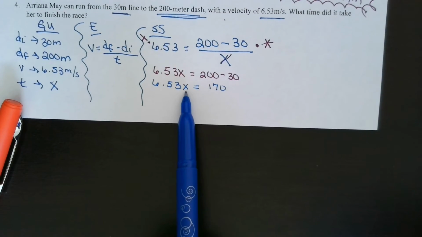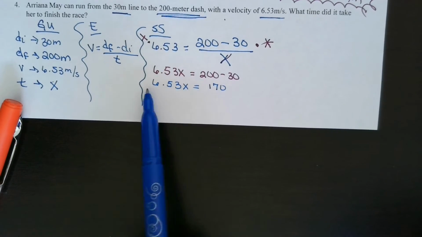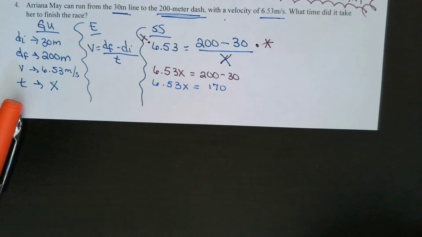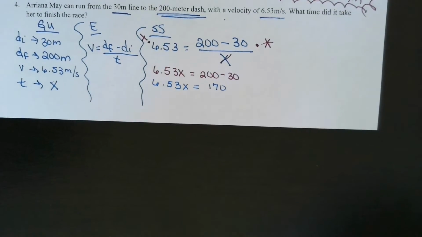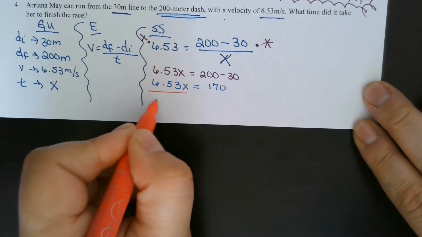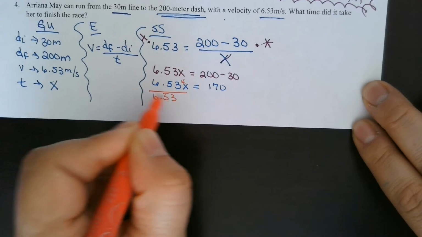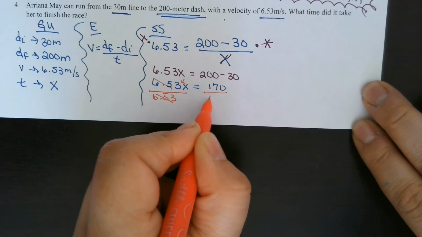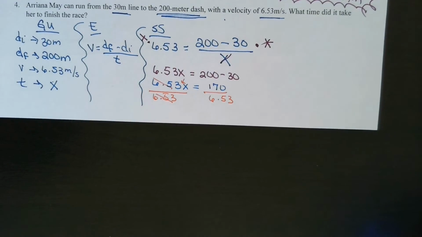And now x is right here. This is what we want to solve for, and there is a number right next to the x. You always divide by the number next to the unknown. So I'm going to divide by 6.53 because it's next to the x. Divide 6.53 on both sides. So 170 divided by 6.53.